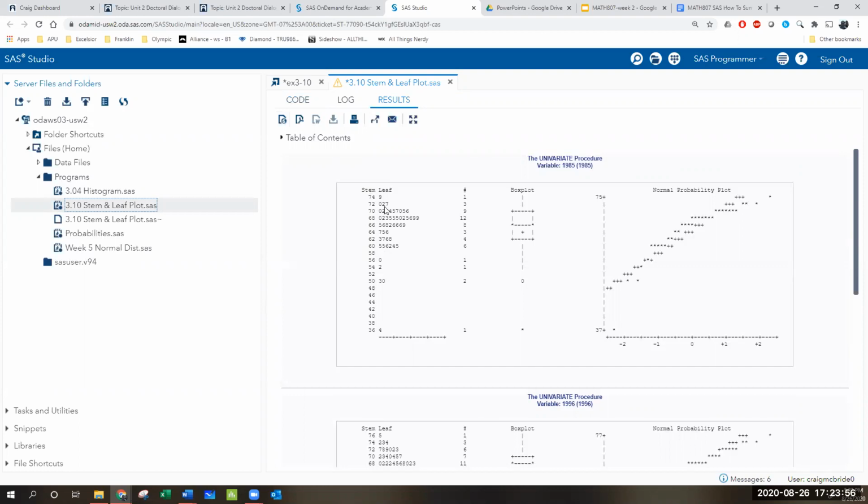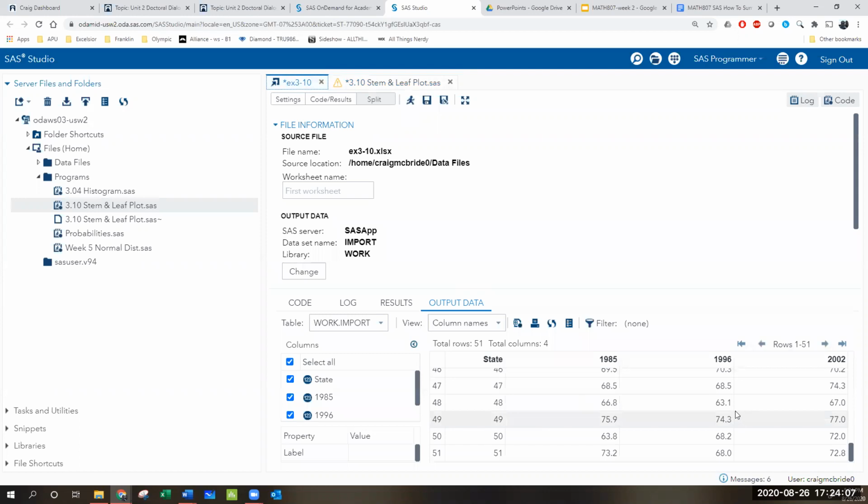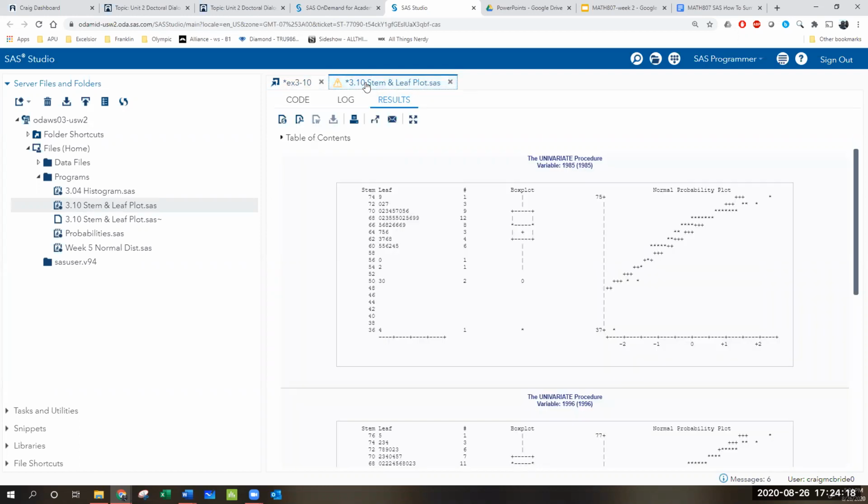And I don't know what the 2 and the 7 means. Because we don't have decimals. Oh, we do have decimals. Okay, so that's what it's doing. It's just doing the decimals. That's the big problem.